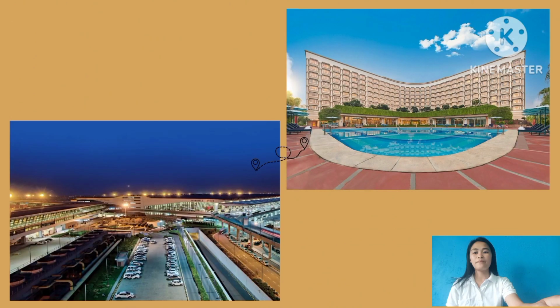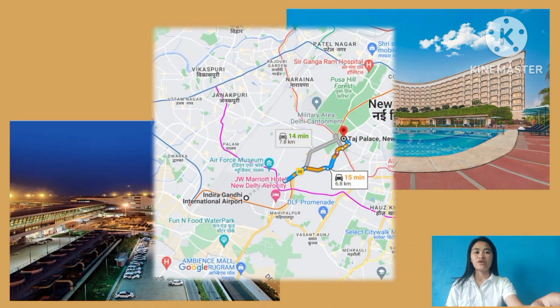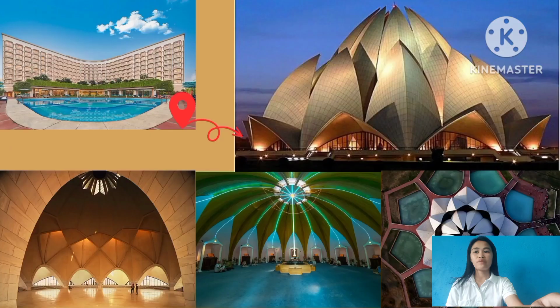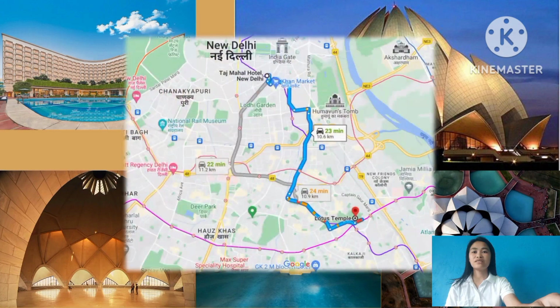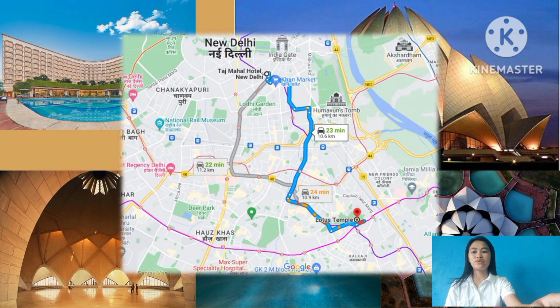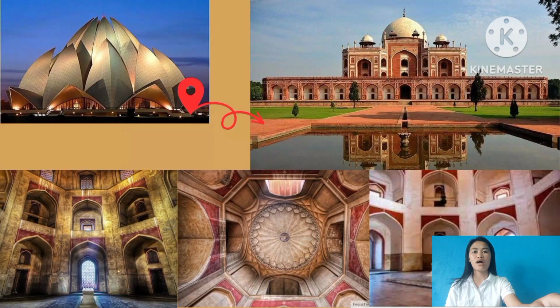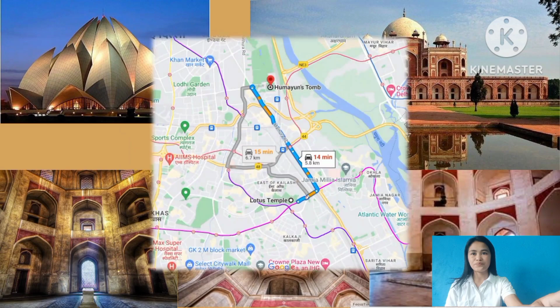From the main point of entry, Indira Gandhi International Airport in New Delhi, going to Taj Palace, New Delhi is about 15 minutes away. From Taj Palace in New Delhi to Lotus Temple is about 53 minutes away. Next, from Lotus Temple to Humayun's Tomb is about 14 minutes away.